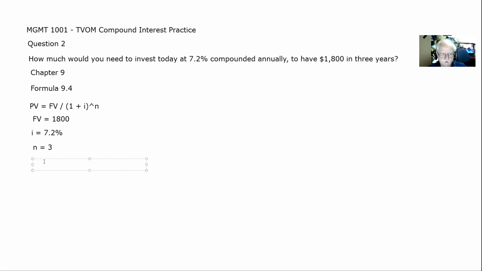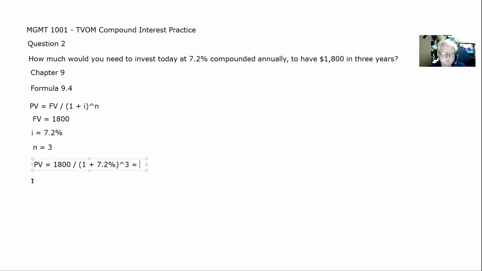So we're basically trying to solve for present value equals 1800 divided by 1 plus 7.2% bracket to the power of 3. And let's see what that equals.